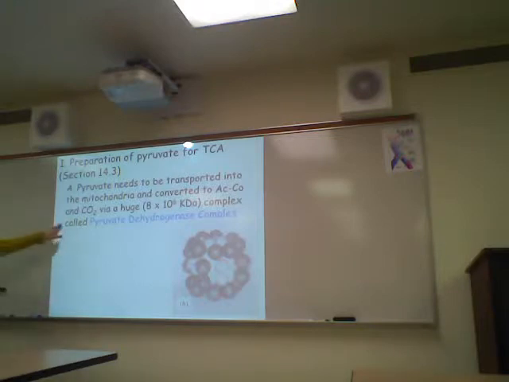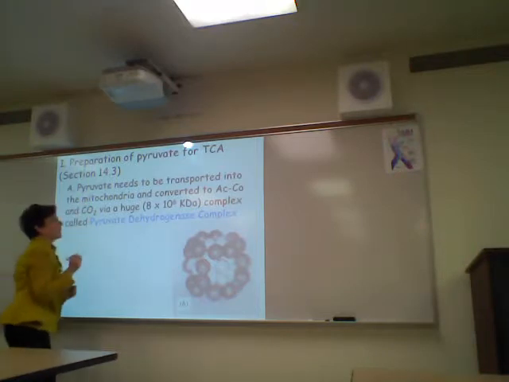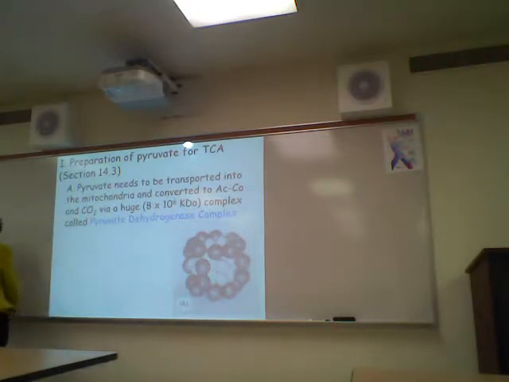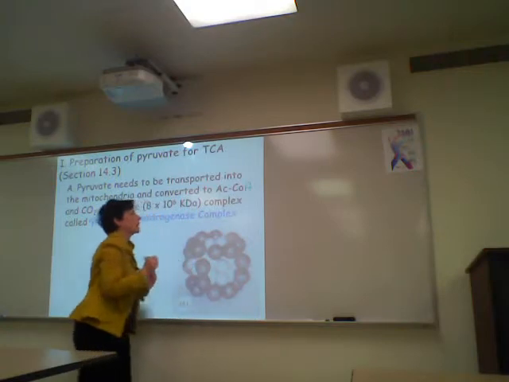So the purpose of this is we're going to take our pyruvate and convert it to acetyl-CoA. We need a little A on the end of that. And carbon dioxide. So remember, pyruvate has 3 carbons. One of our carbons comes off as carbon dioxide, and the other 2 stay as part of the acetate part of acetyl-CoA.